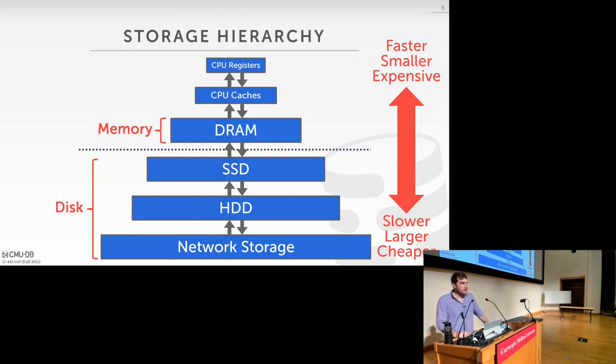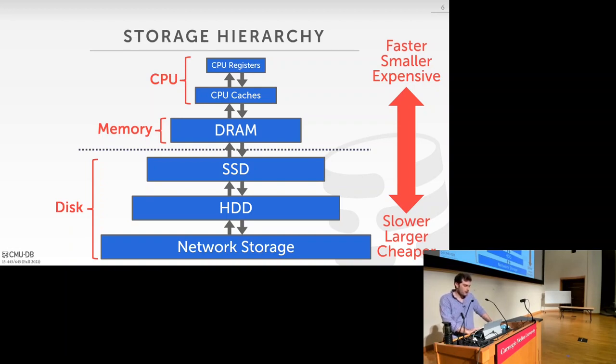So it could be SSD, it could be a traditional hard disk, it could be some kind of network storage, whether that's a distributed file system like HDFS, or if you're on the cloud, maybe Amazon S3, just something where you have network accessible storage. So memory is volatile and disk is non-volatile storage. And then there's also, as I mentioned, higher level CPU storage, but for the purposes of this course, we're not really going to be concerned with that. So this is the traditional hierarchy.